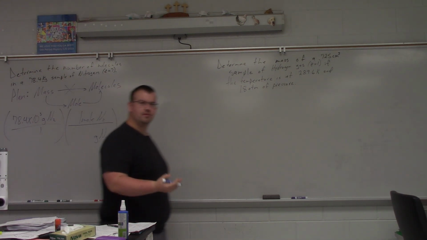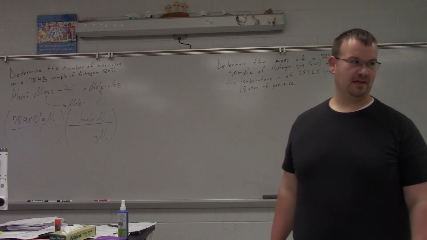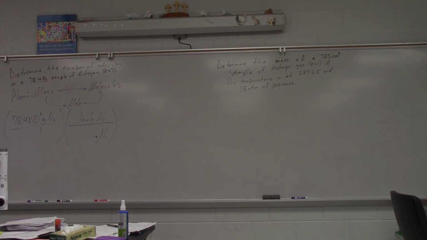Why N2 and not just N? Because nitrogen is one of the 7 diatomics. That means it's bonded to itself. So we're not dealing with 1 mole of just nitrogen. We're dealing with 1 mole of nitrogen bonded to nitrogen.